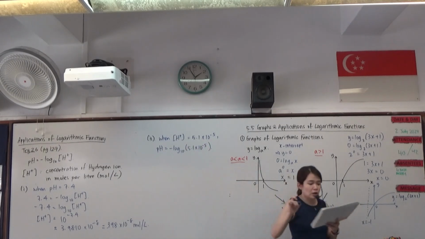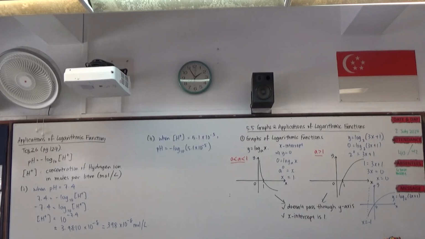Will you key this into your calculator and check whether you are able to get a value that is the same as your friend and also mine. I want you to key in the calculator first.